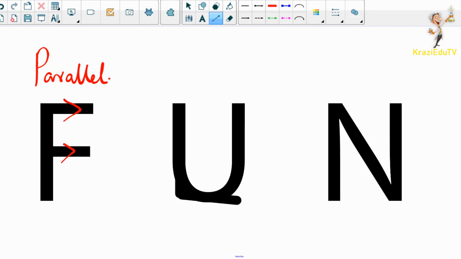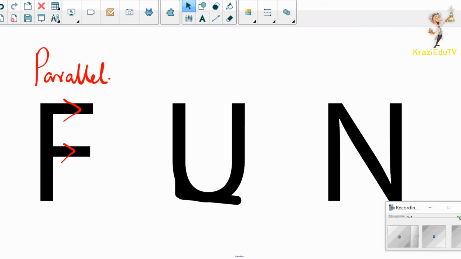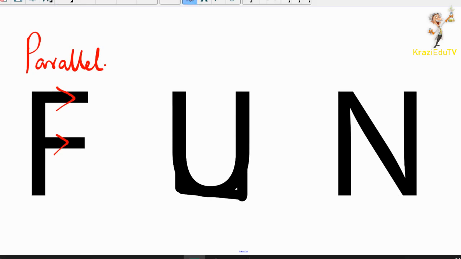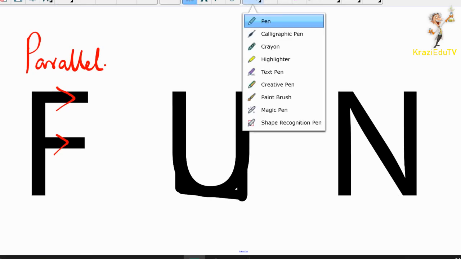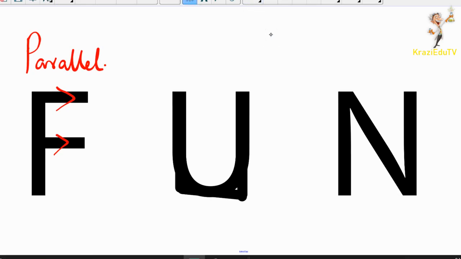Now if we look at that, we're trying to create our own parallel lines. So this line here is parallel to that line, and this line is also parallel to that line.